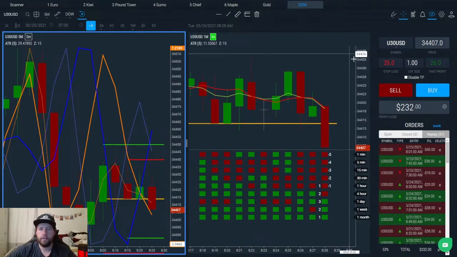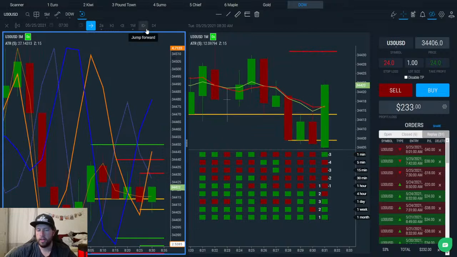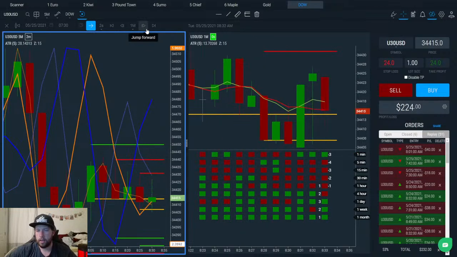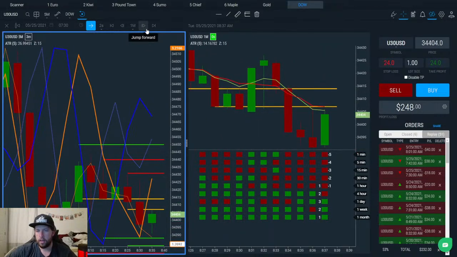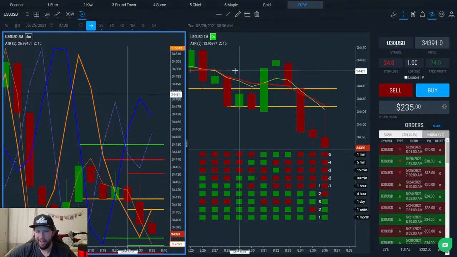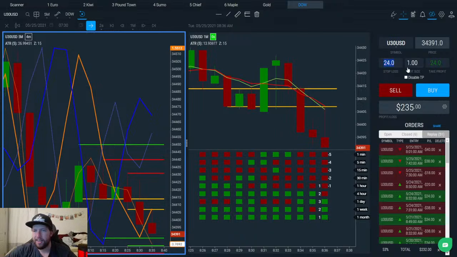Another sell. Hopefully we win those two sells. Oop. Another sell. 3 sell trades open and 1 buy.